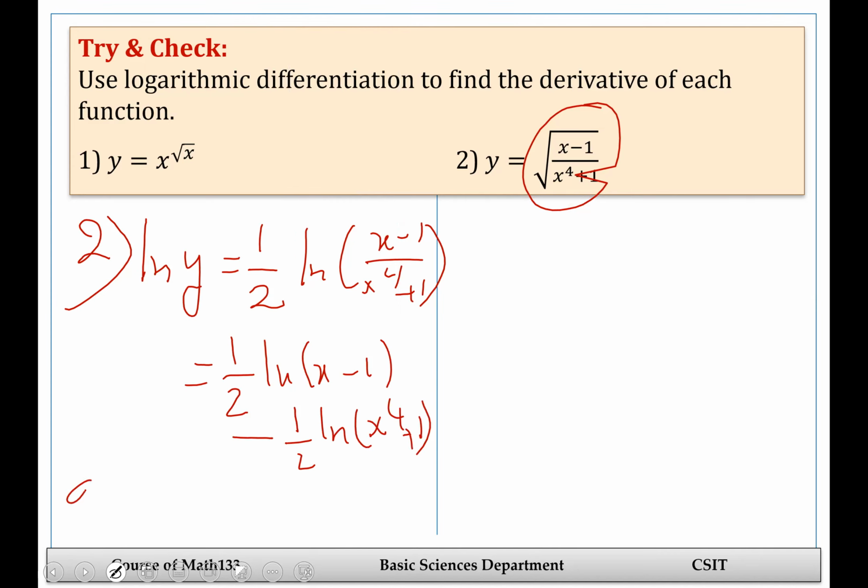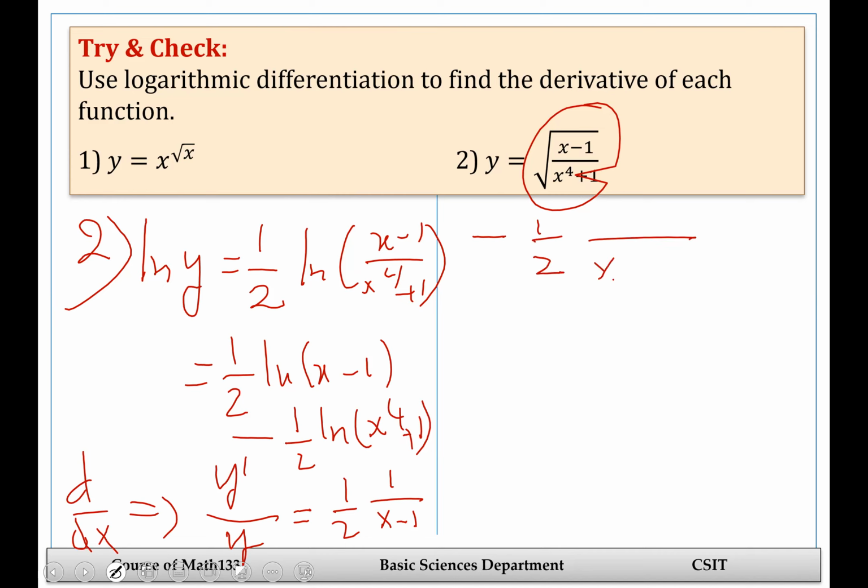Now make the derivative d over dx of this equation, which will give ln y, this is y prime over y, and it is equal to 1 over 2 times 1 over x minus 1, because the derivative of x minus 1 is equal to 1. And then minus, I will continue here, minus 1 over 2 over x fourth plus 1.